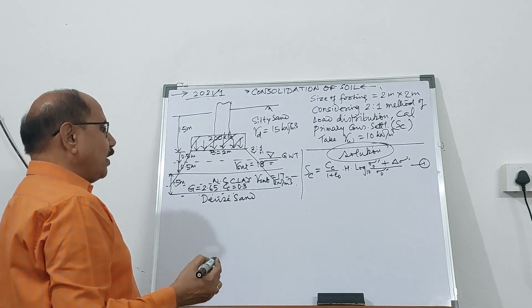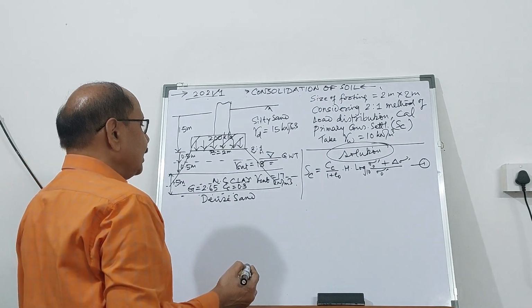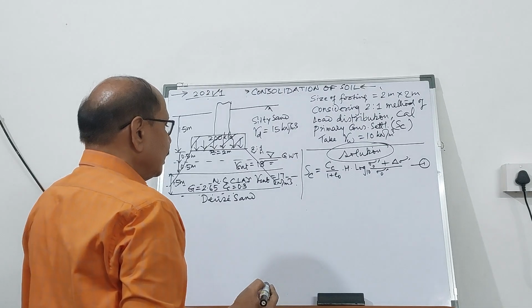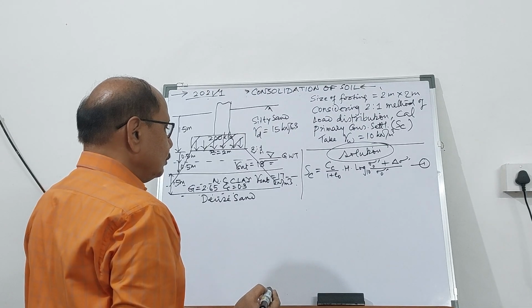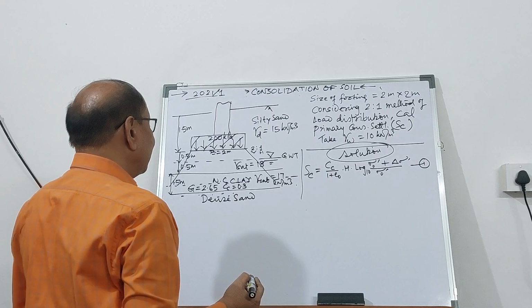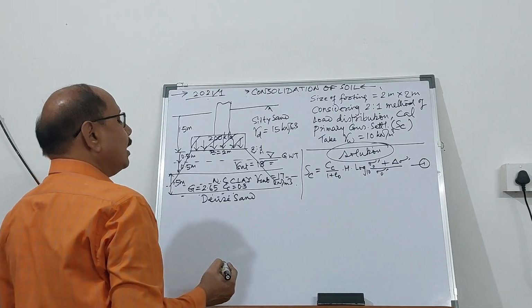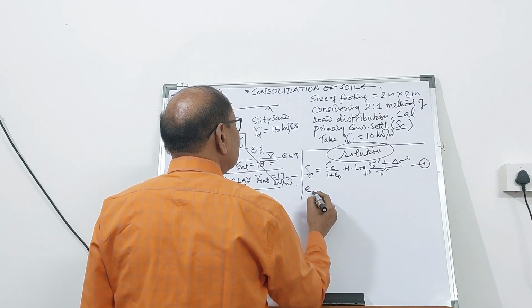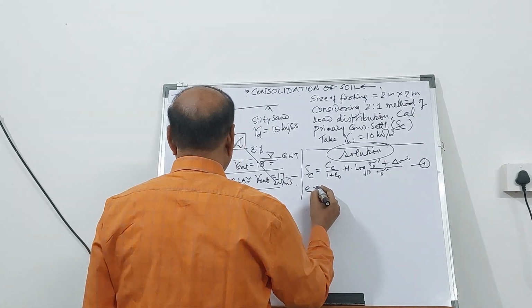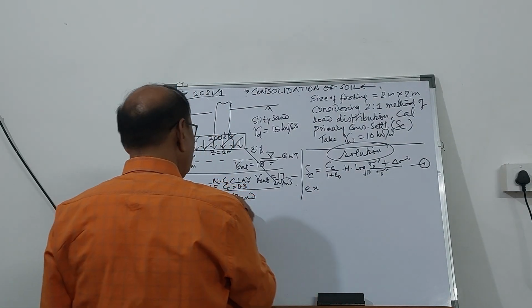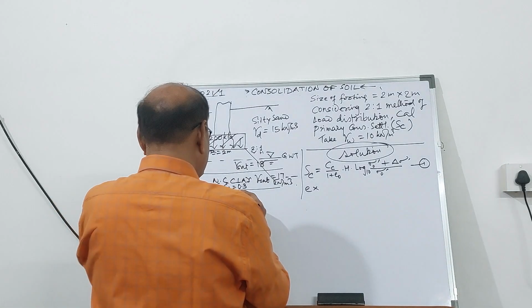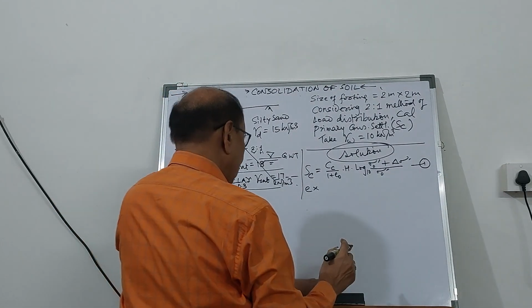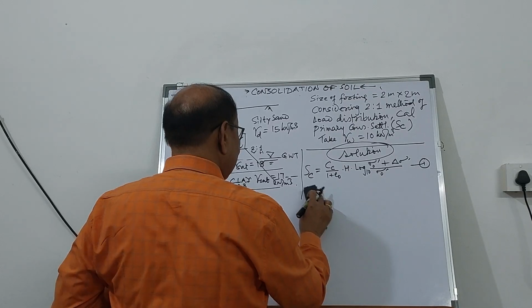Now how will you find out the e naught value, the initial void ratio? What is given over here is G and gamma sat.